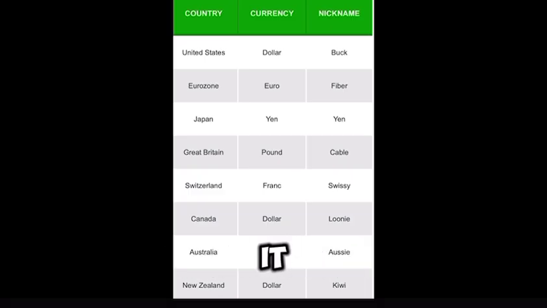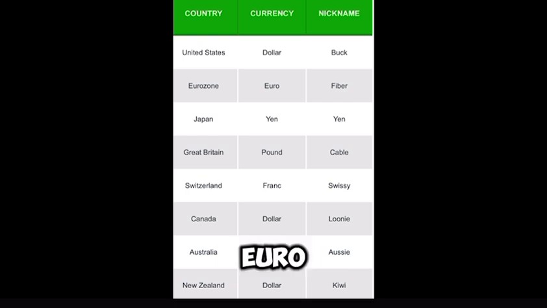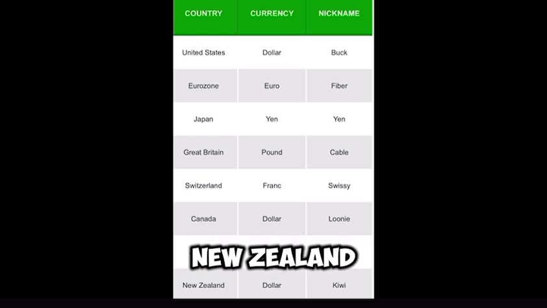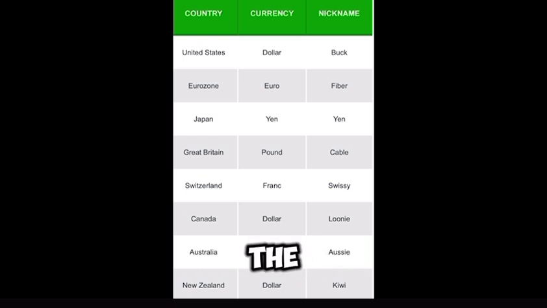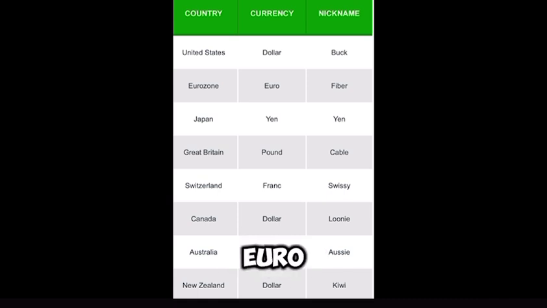Let's talk about it. So what currencies are traded? First, we have nations that trade currencies here. We have the US, we have the Eurozone, we have Japan, we have Great Britain, we have Switzerland, we have Canada, Australia, New Zealand, and we have lots of other countries that trade the foreign exchange market. But for now, we tend to focus on these major countries because they have currencies like the dollar, the euro, the yen, the pound, the franc, right?